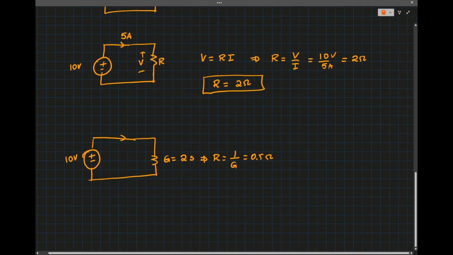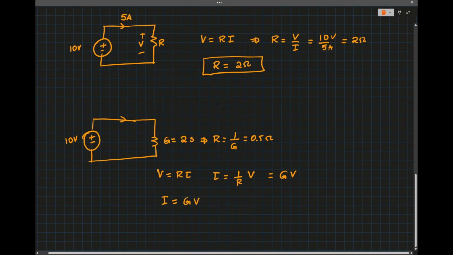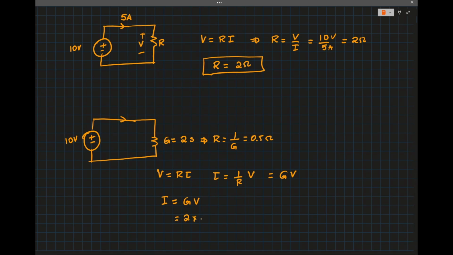And then we can use that to calculate. Instead of just calculating the resistance value, we know that V is Ri, so I is 1 over R times V. So we can write I equals G times V. Well, we know V and we know G. So 2 times V, which is 10, gives me 20 amps.